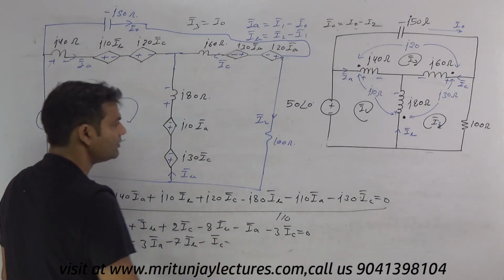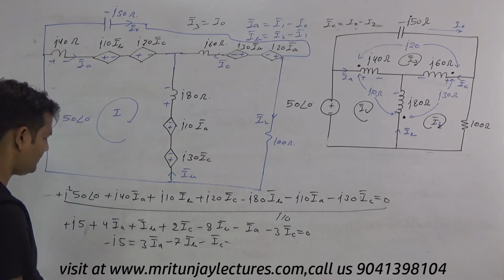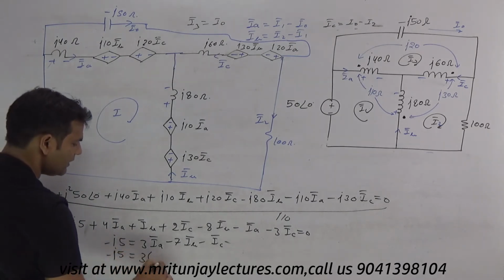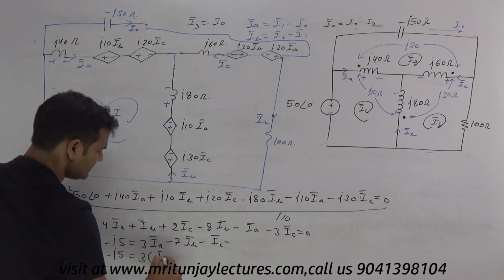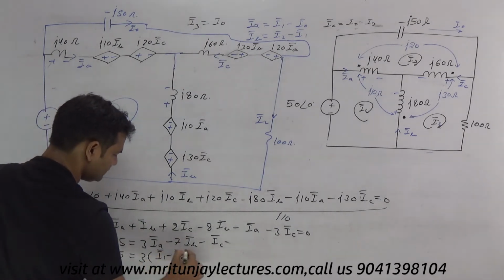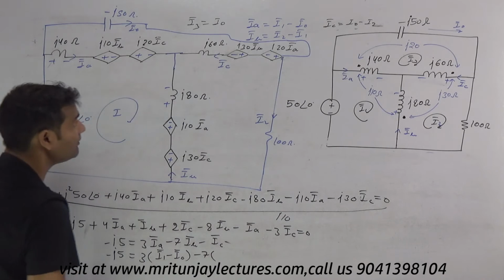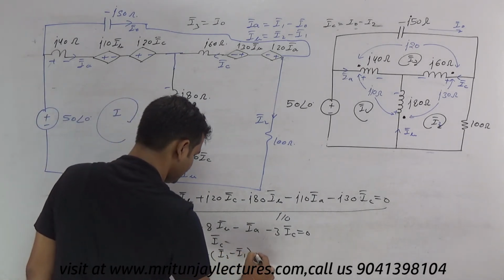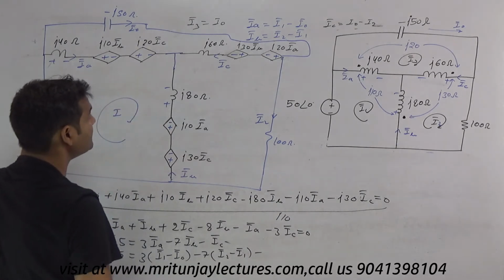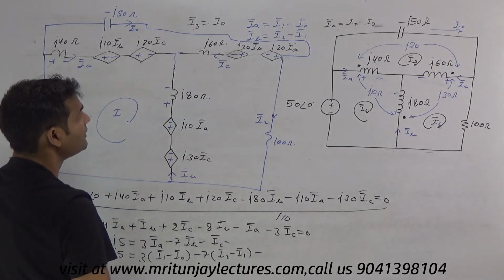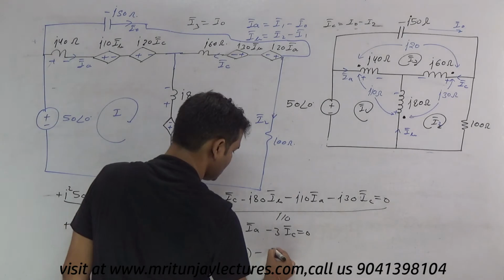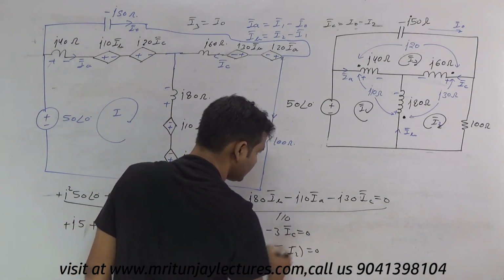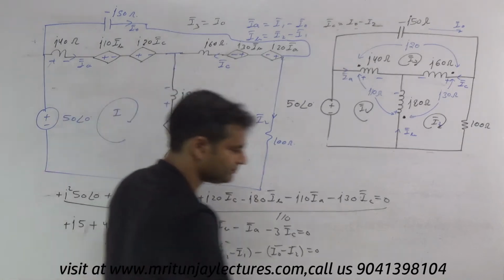Now better to put the value of 3IA as I1 minus I naught, minus 7IB as I2 minus I1. After that, what about IC? IC will be equal to I naught minus I2. This will be equal to 0. Clear?